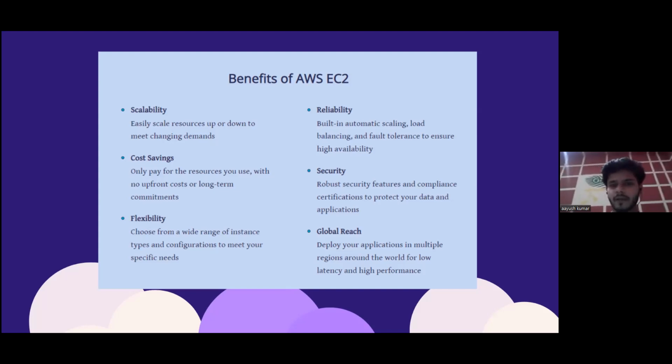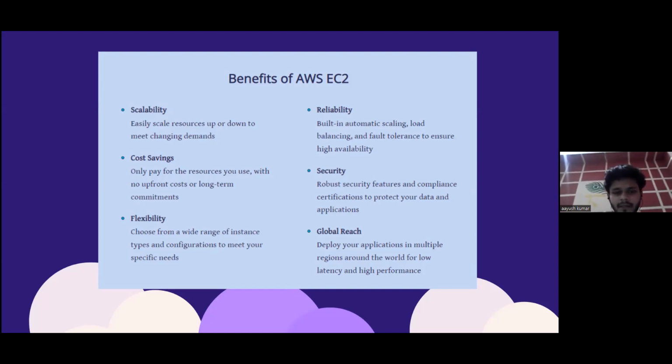Now coming to reliability. If I'm maintaining a physical server and due to any physical or natural disaster my server is destroyed, the website that was deployed on that server will not work anymore. But in EC2, there is a feature known as multiple availability zone deployment.